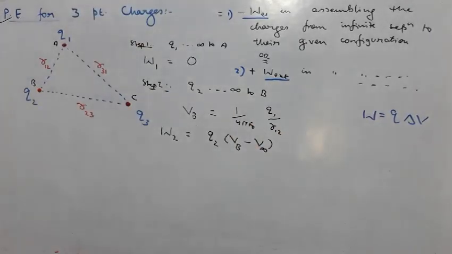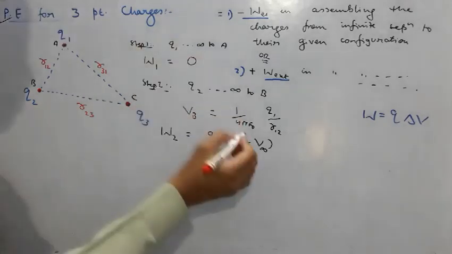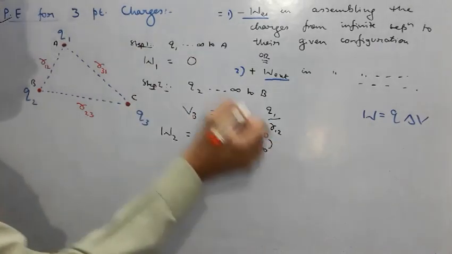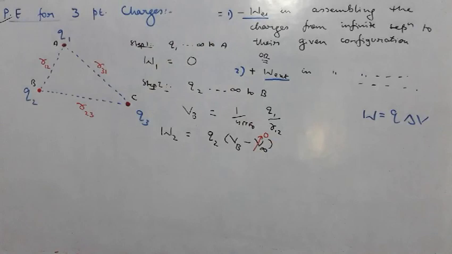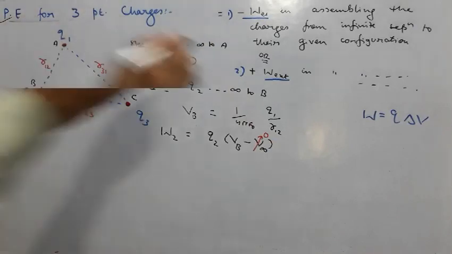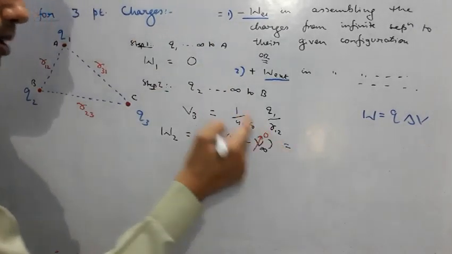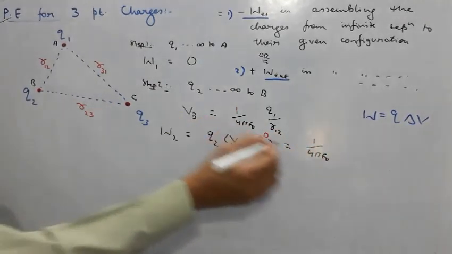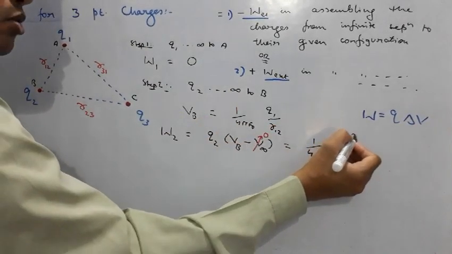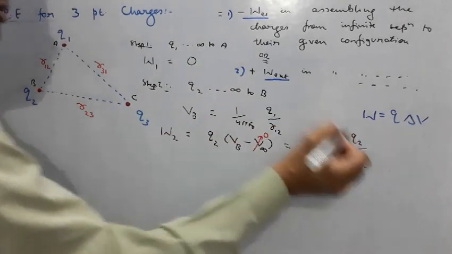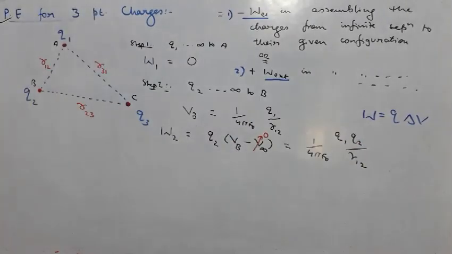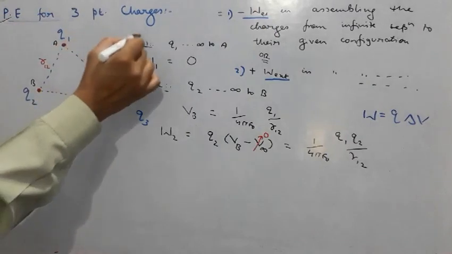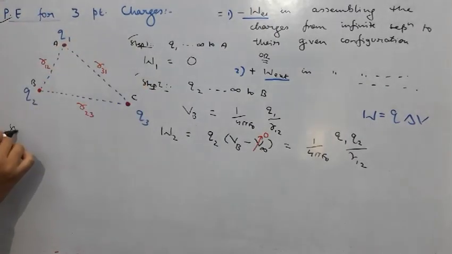Now we had discussed, students, potential at infinity will be how much? 0. So what is left behind? Q2 times VB. So VB is this much. So if you multiply Q2, how much will you get? 1 upon 4 pi epsilon naught Q1 into Q2 upon R12. So step 2 is done.